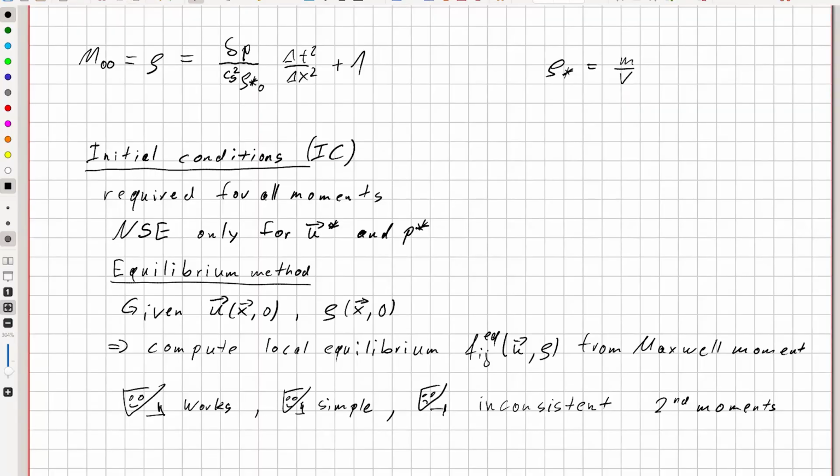Because what we observe here is that we have wrong dissipation in the start of the simulation.